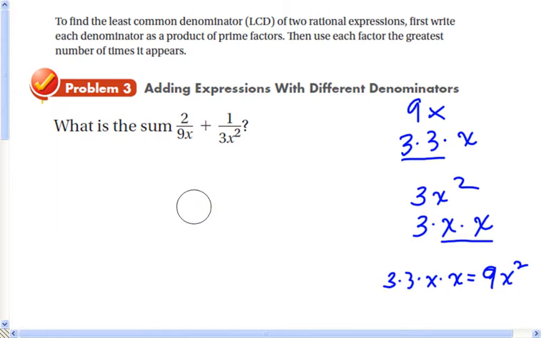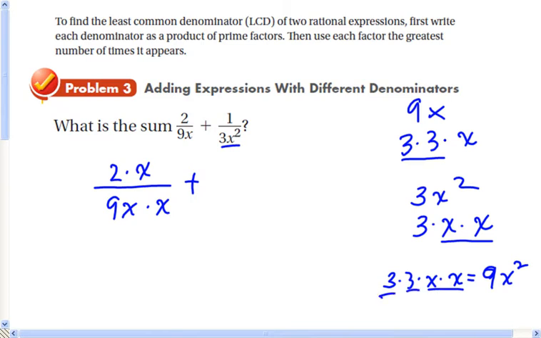So I'm going to multiply the numerator and the denominator by x. And then in the second one, I have 3x squared there, so I need to multiply that by 3 to change it so that the denominator is 9x squared. So I'm going to multiply 1 times 3 for the numerator and 3x squared times 3 for the denominator.